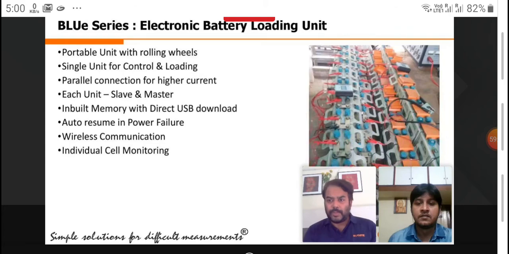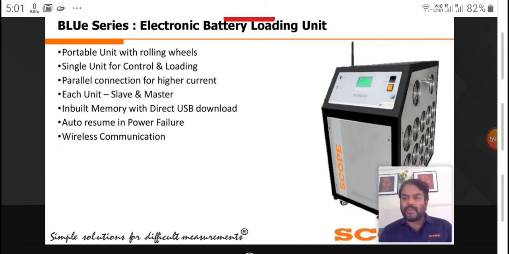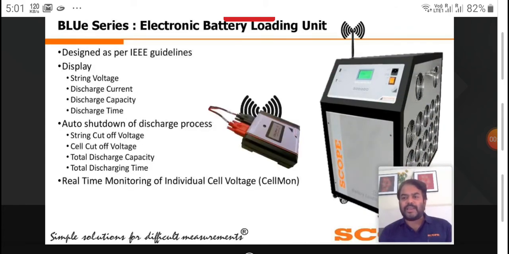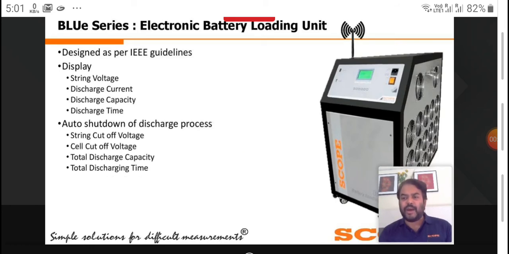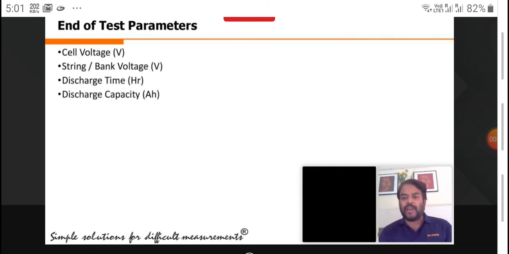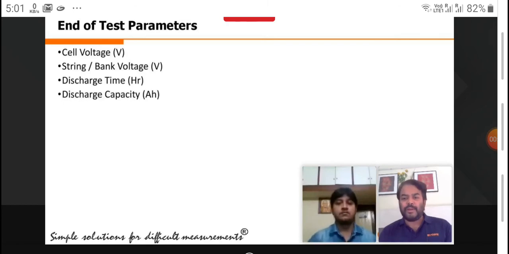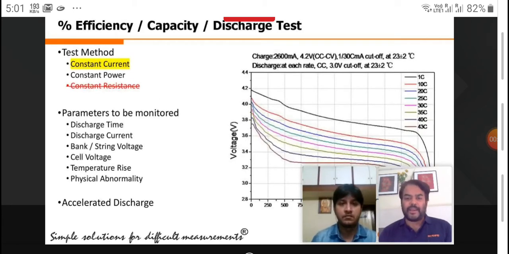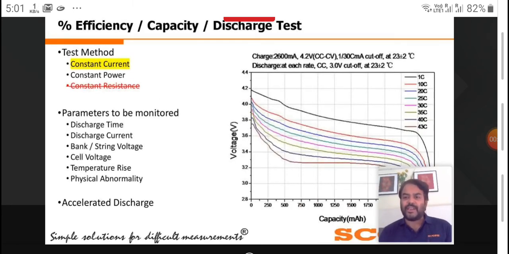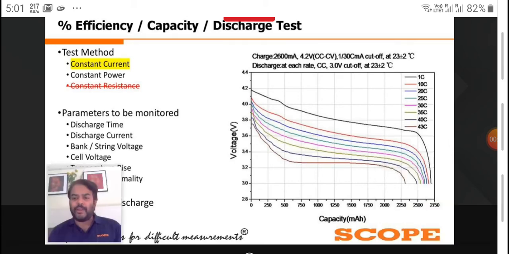So in that one, what will happen is that the percentage efficiency will come down, because when I am discharging the battery at a much higher rate, the values come down very fast. Here, 1C means I am discharging as per the rated value.